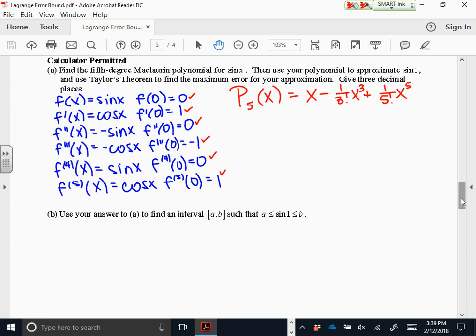Now, if we want to approximate sine of 1, this is centered at 0. We just centered our polynomial at 0. So if we want to approximate 1, we can plug 1 into our Taylor polynomial to get an approximation.